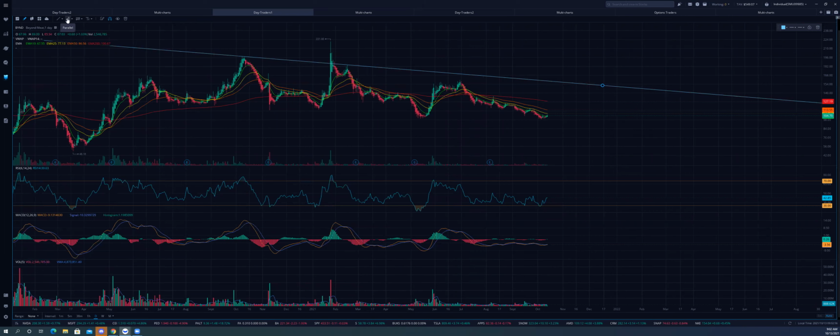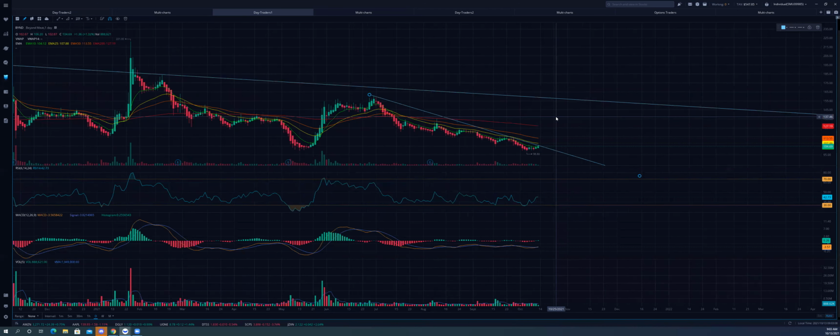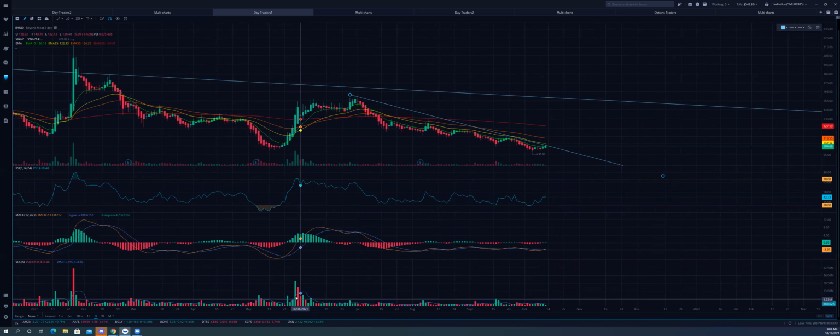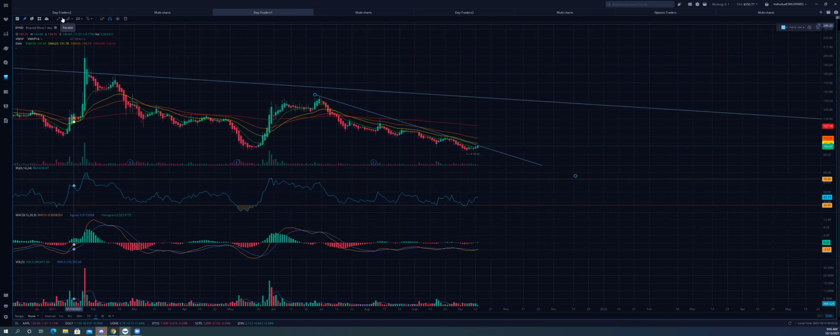But right here as well, we see this little trend right here. If you're trying to scalp with volume, you have to watch the volume. This is the volume down here where my mouse is at. If you look at this tower right here, we saw this downtrend over here.